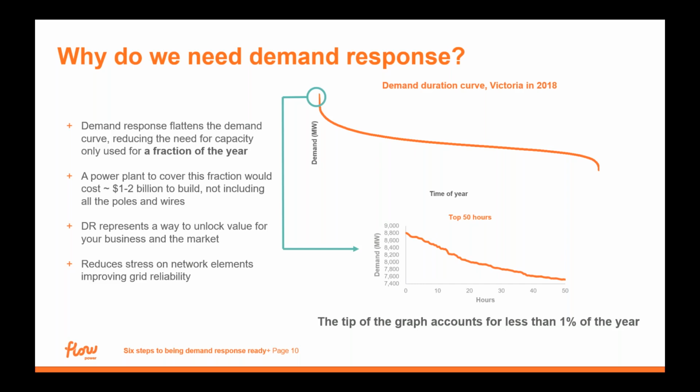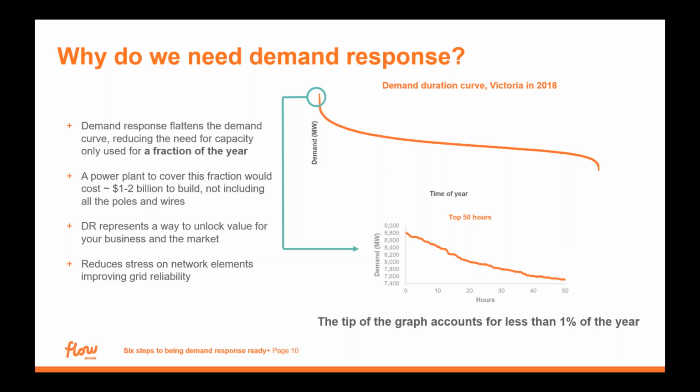The circled section of the graph shows that we only need that peak electricity consumption for a very small fraction of the year, just a handful of hours, a couple of days at most. Traditionally, in order to supply that electricity, we would build additional generation capacity, so a brand new power plant, and then we've got to build the poles and the wires to distribute that electricity. And that costs a lot of money to build.